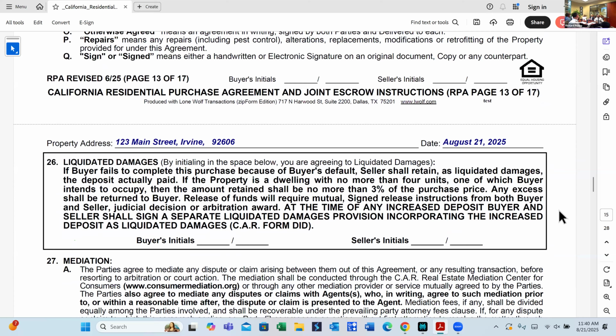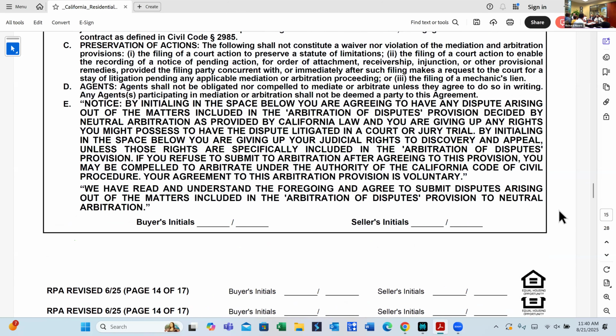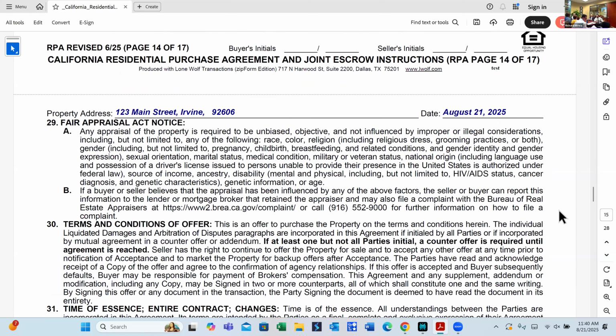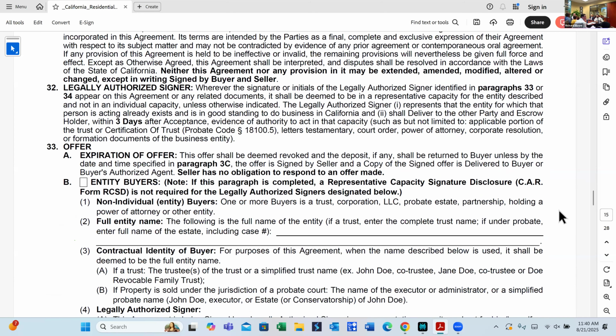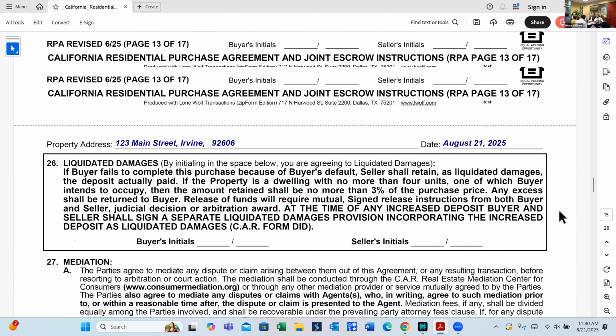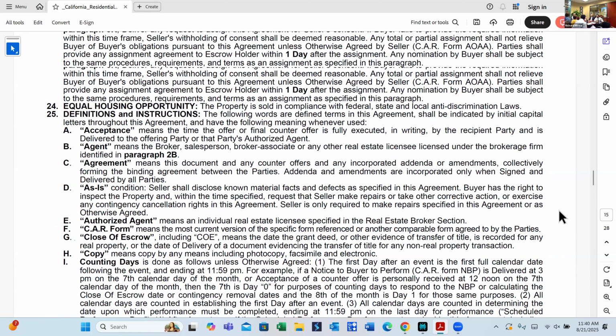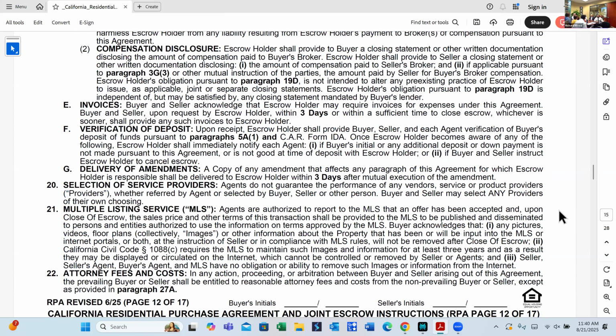So the buyer and the seller pay for any type of litigation that moves forward from mediation to court? Yes. What about the agents and the brokers? Well, that's why we have professional liability insurance. There's a deductible, but that's what comes into play. I see. But professional liability insurance does not cover fraud.